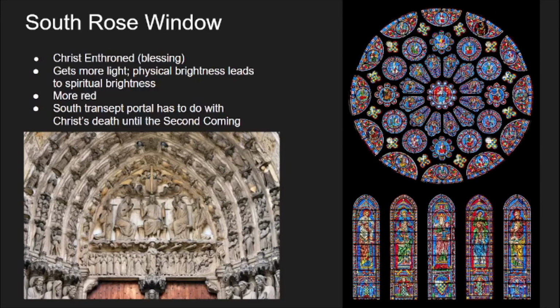And the lancets, these items below, have the New Testament on top of the Old Testament. So on the top, we have Luke, Matthew, John, and Mark. And then on the bottom, they're on top of Jeremiah, Isaiah, Ezekiel, and Daniel.